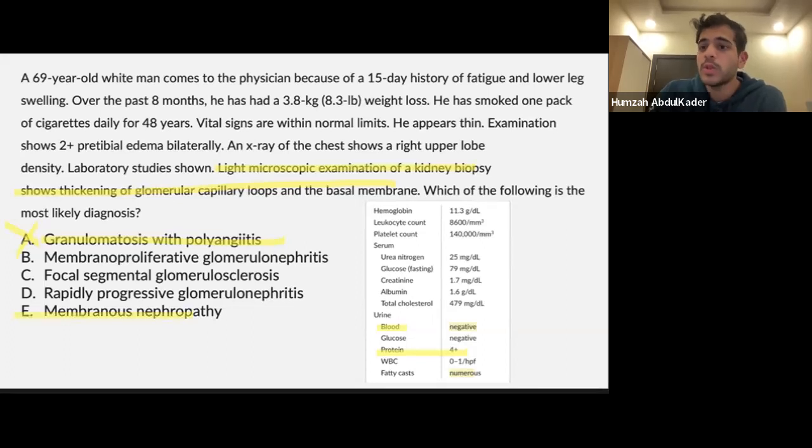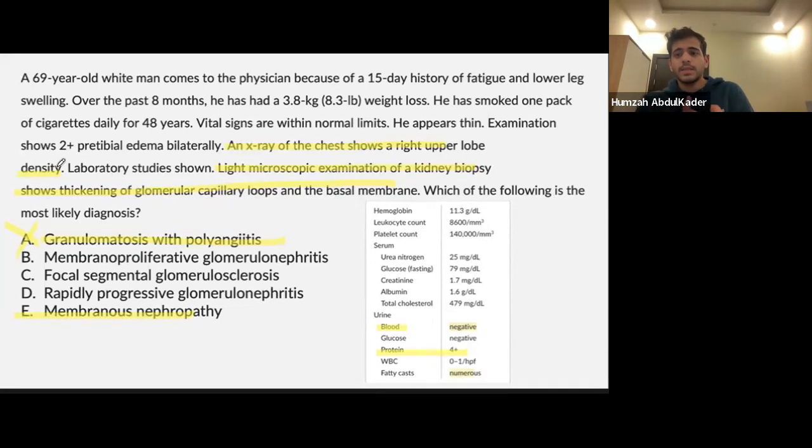Another thing you can look at in the question, which would have led you towards membranous nephropathy, is the X-ray of the chest. Membranous nephropathy is associated with solid tumors, and that's one of the associations you want to look for. What was it?